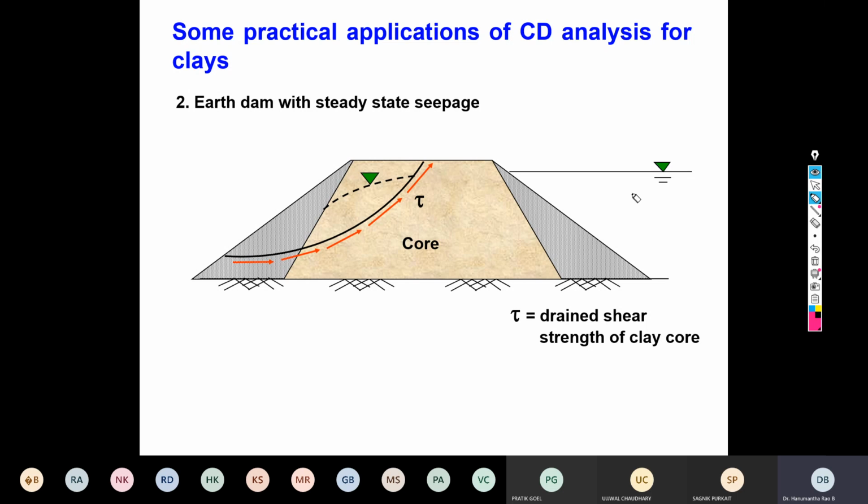Under no water condition, CD condition prevails. But when water comes to the full reservoir level, the CU condition prevails. Why does CU condition prevail? Can anybody explain? Water percolated in that area so that it becomes undrained again.